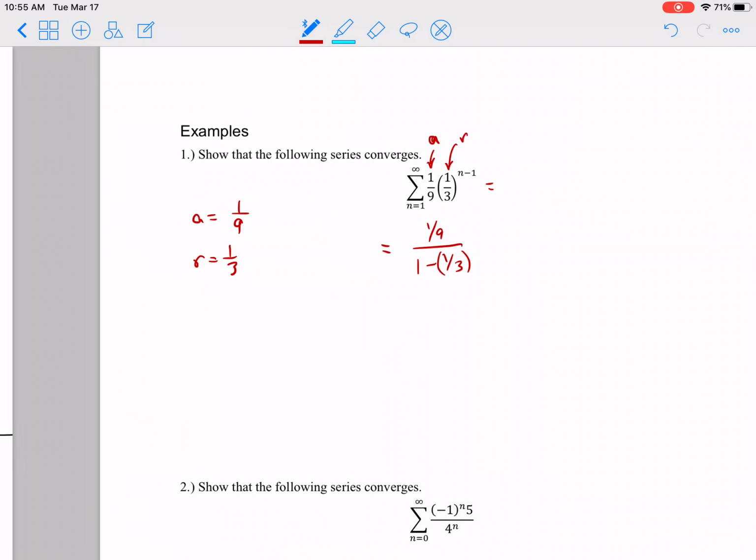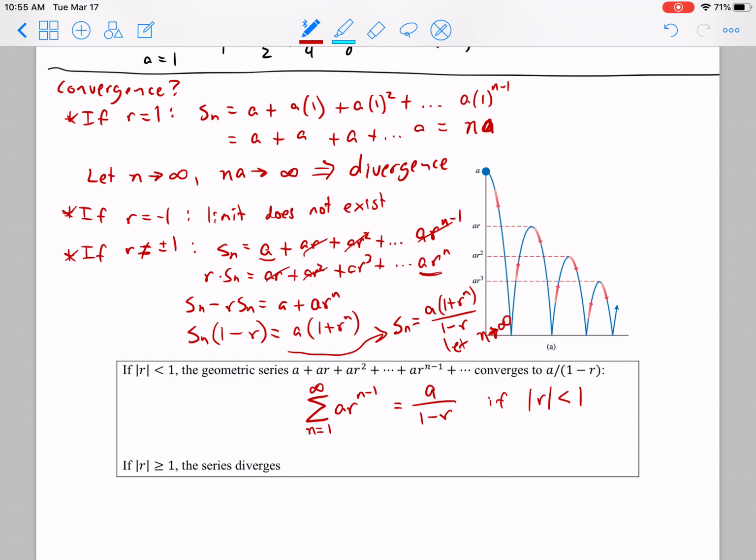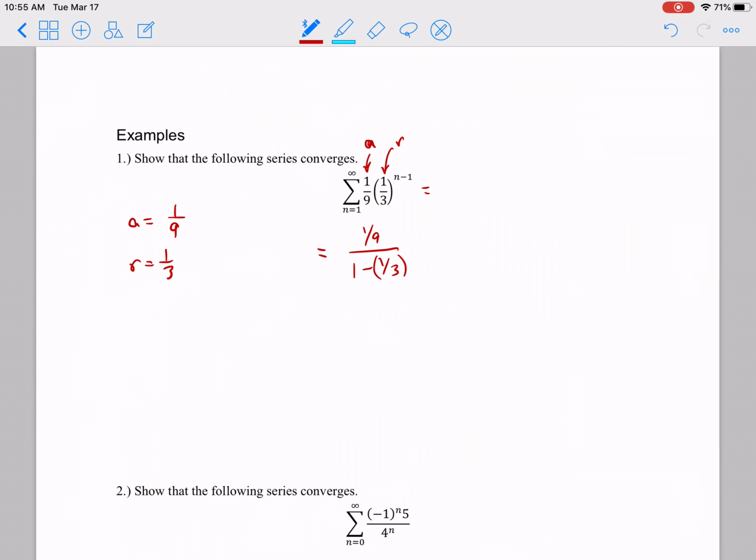We're just taking a look back at this one right here, a over 1 minus r, because the magnitude of r is less than 1. And so we end up with 1/9 divided by 2/3, which is 1/9 times 3/2, which is 1/6. And there we go. That series converges to 1/6.